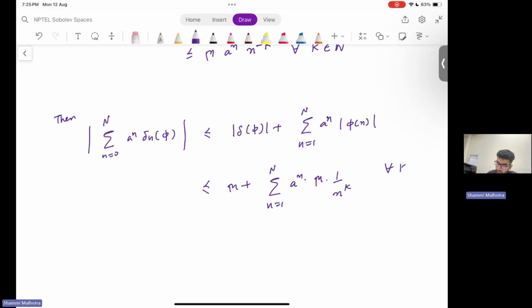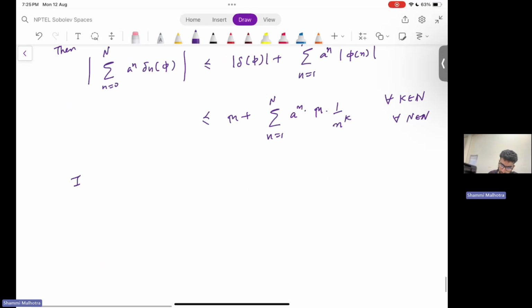That holds for all k in N and for all N in N. In particular, we can take k equal to 2.